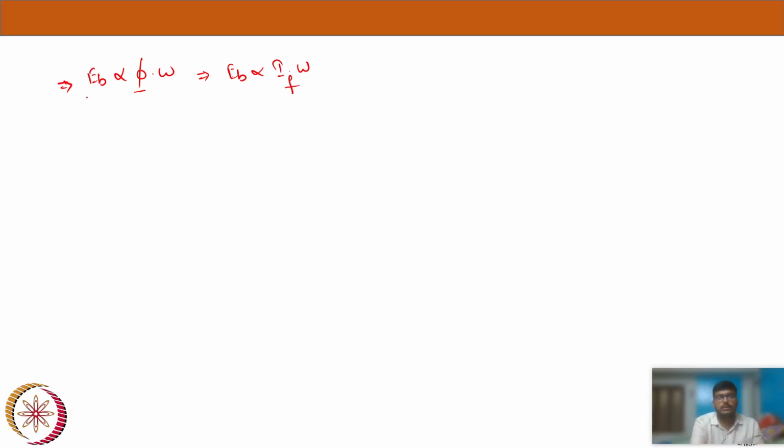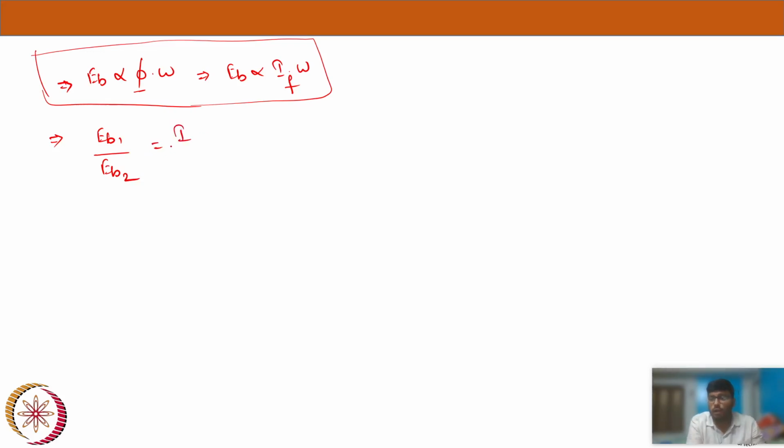This is my proportionality relation. So EB1 by EB2 is equal to I1 omega 1 divided by I2 omega 2.